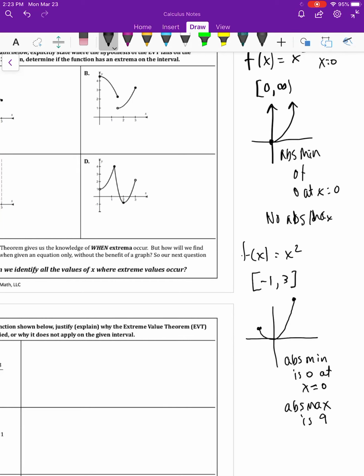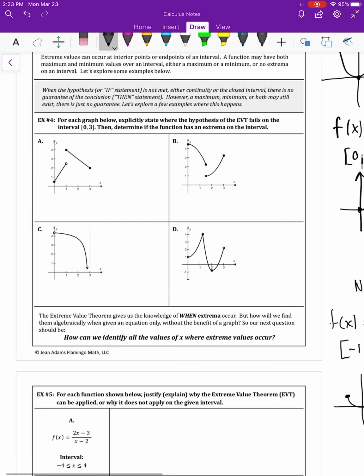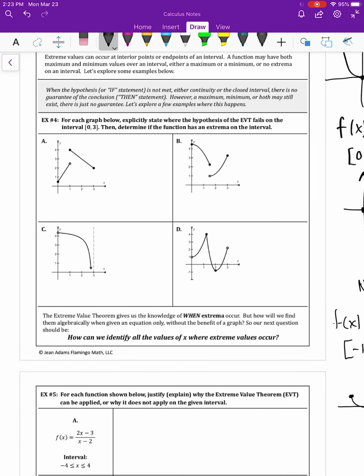Your absolute max is 9 at x equals 3. And so the absolute max occurs at an endpoint. So that's the extreme value theorem guaranteeing that if you have a continuous function on a closed interval, you will have an absolute max and an absolute min, guaranteed.